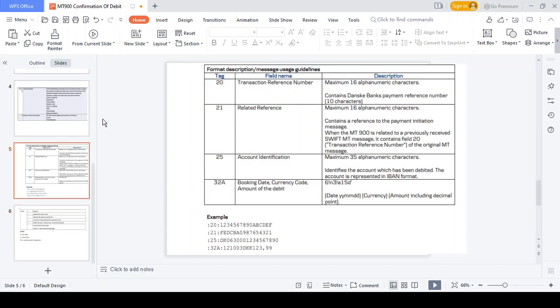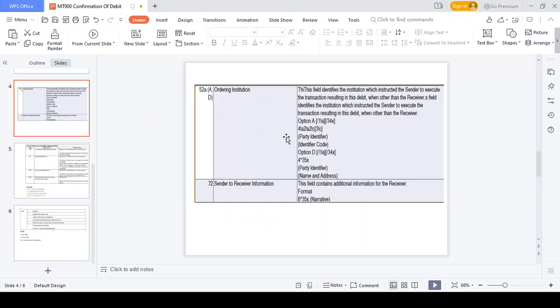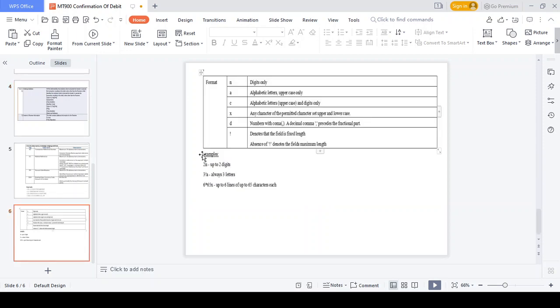The format should be identified from here: N means digit only, A means uppercase alphabetic letter, C means uppercase alphabetic letter and digit only, X means any permitted character set, upper and lowercase, and D means number or comma, and the exclamation symbol denotes the field has fixed length.